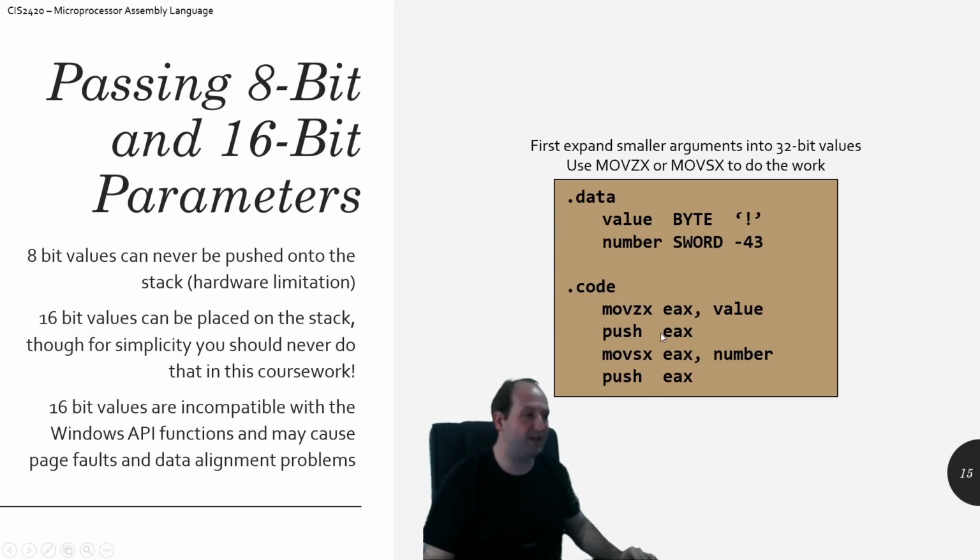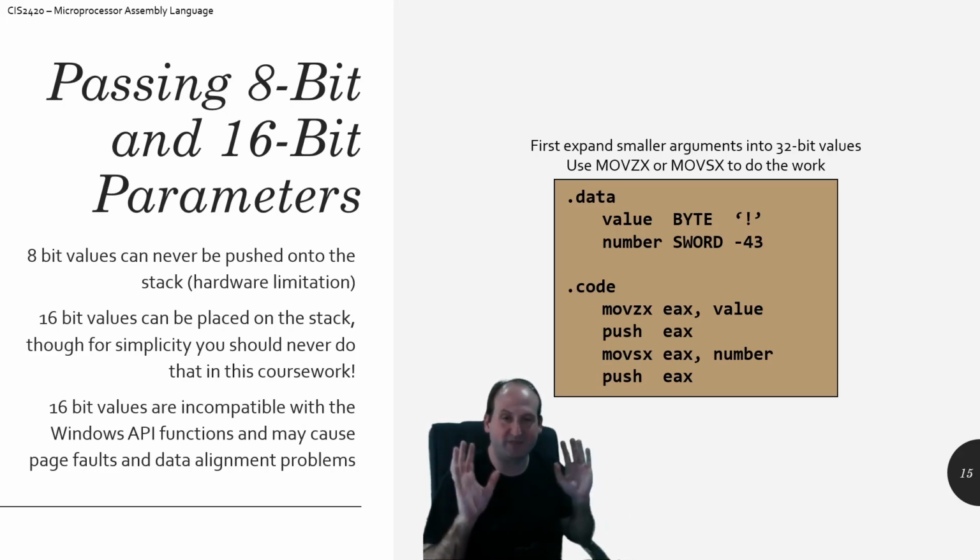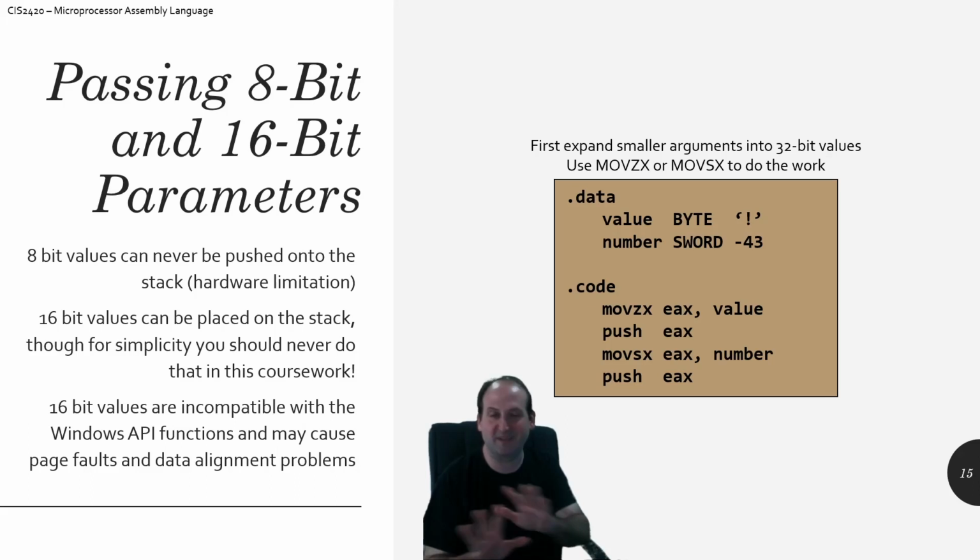Okay, so moving on now, there are also times you want to pass bytes or shorts, right? If you have a bool variable and you want to pass that onto the stack, well, that's only 1 byte. How would we go about doing that? On the stack, you can only push 32 bits at a time. Technically, you could push 16, but for the simplicity of what we're trying to do here, let's not do any of that.